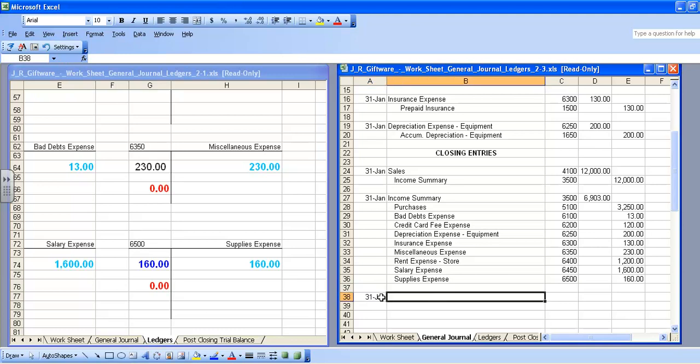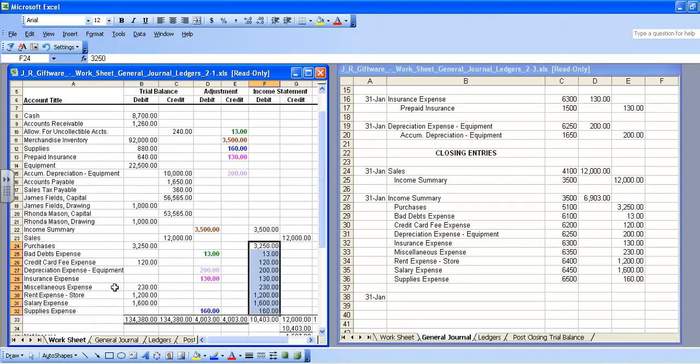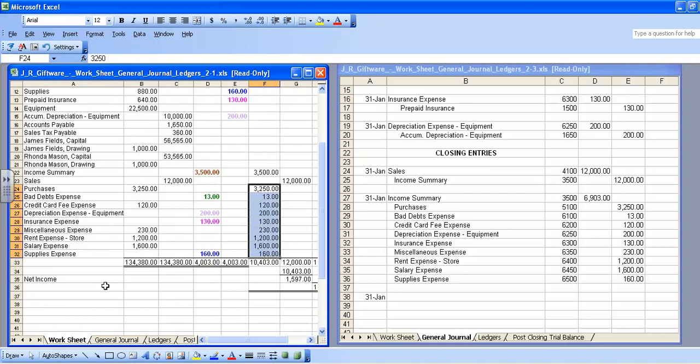Our next closing entry is to record the net income or net loss. We need to look at our worksheet to determine if we have a net income or a net loss. Our net income, according to our worksheet, is $1,597.